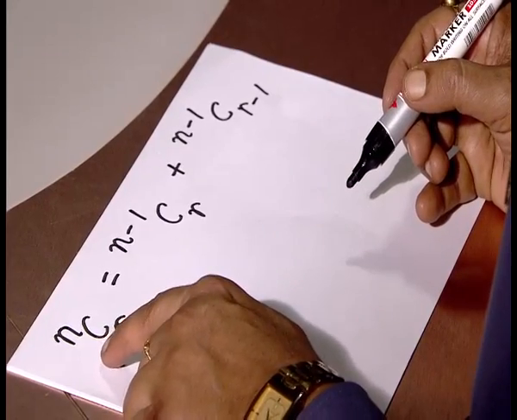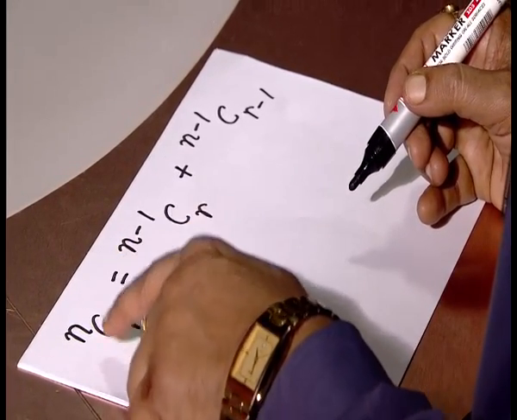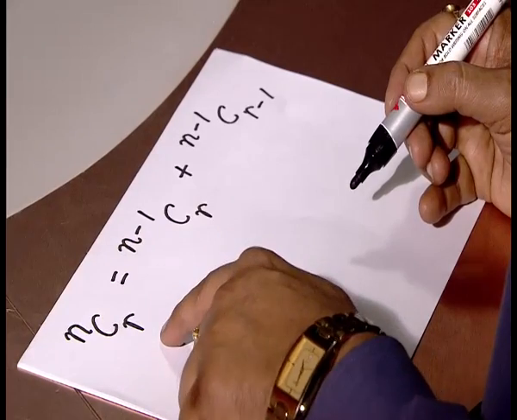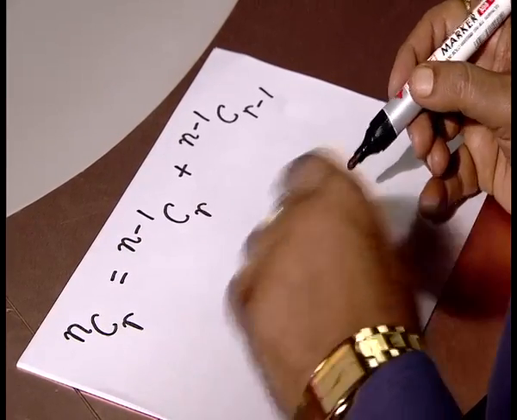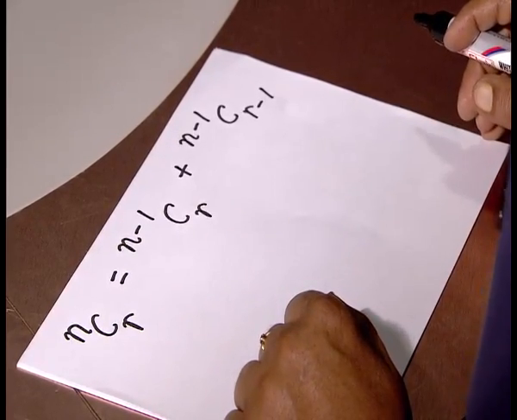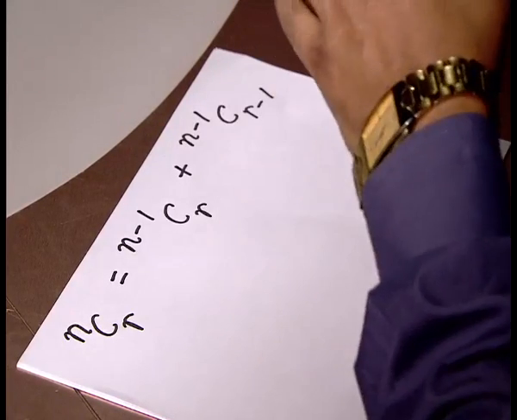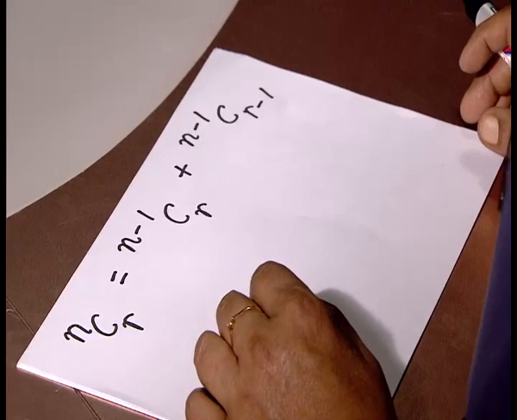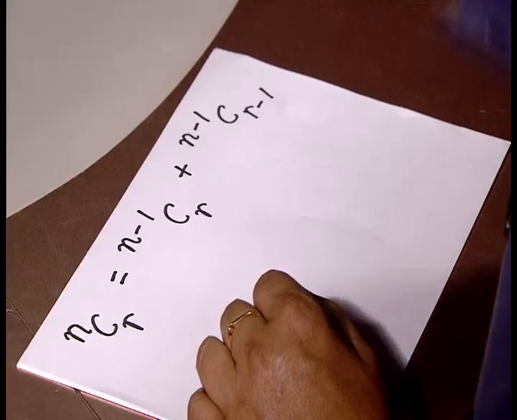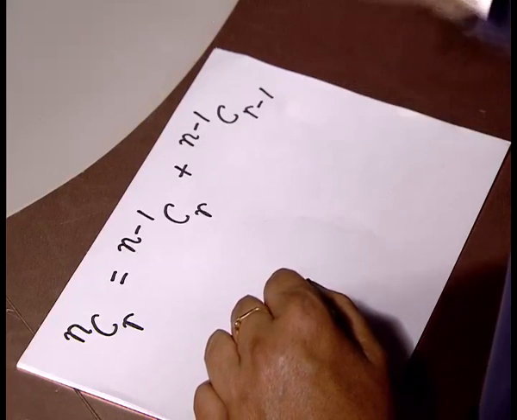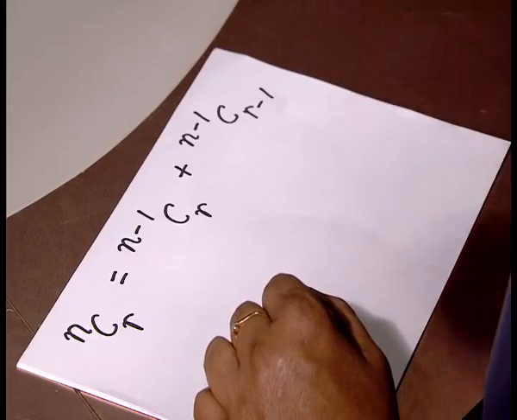NCR is the combination of n different things taken r at a time. Now, when you take the combination of n different things taken r at a time, then in every such combination you will find that one particular thing is always there or that particular thing is not there.